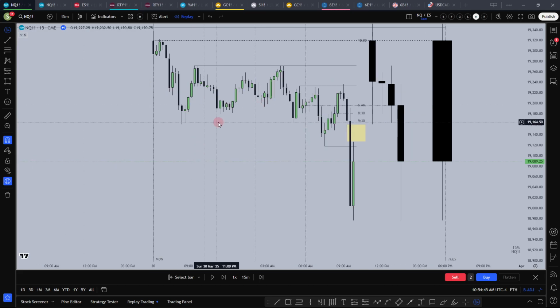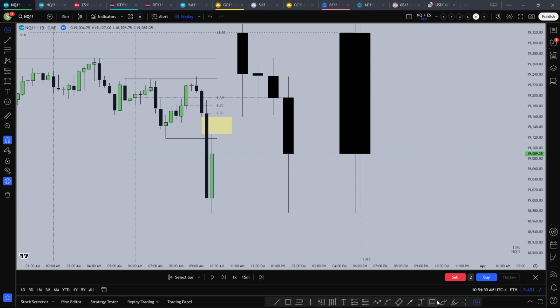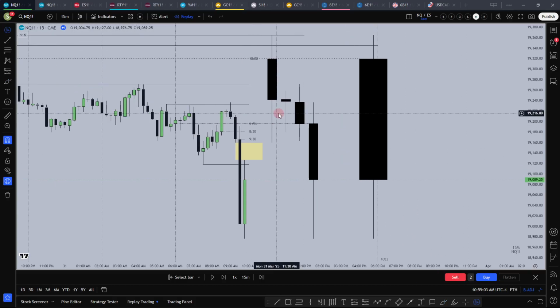And if short, if this move higher is gonna be retracement, then I would prefer to short NQ or RTY because NQ and RTY weaker. If this move higher is gonna be reversal, then I would prefer to long ES or YM, longing the stronger pair, shorting the weaker pair.